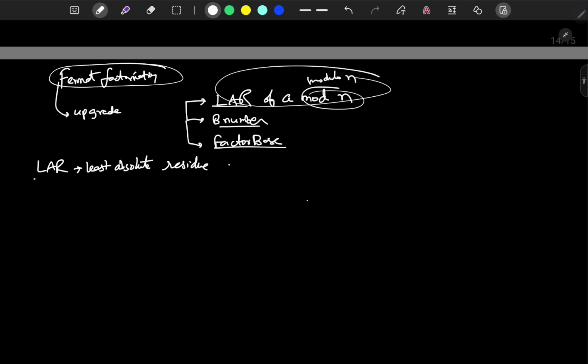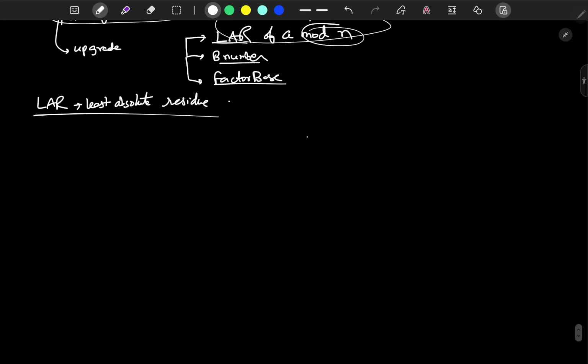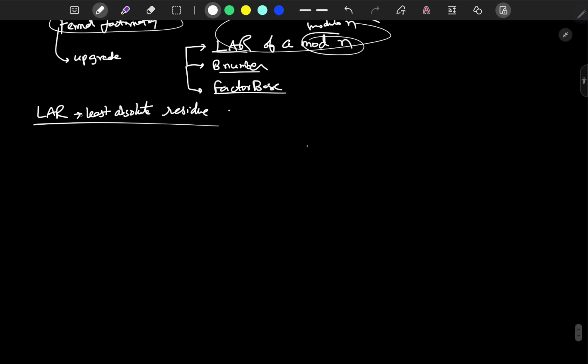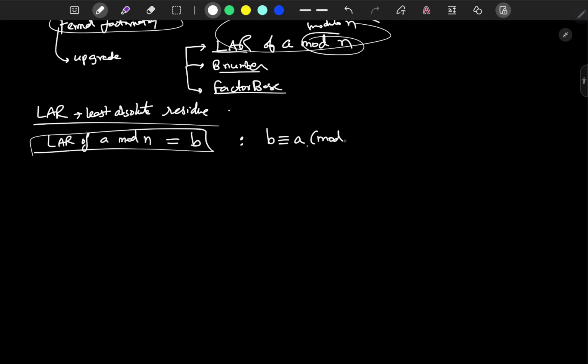The LAR of a mod n equals b, such that b is congruent to a mod n and b belongs to the range from minus n by 2 to n by 2, that is, minus n by 2 less than b less than or equal to n by 2.